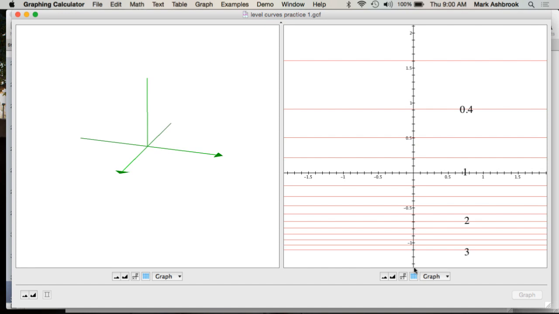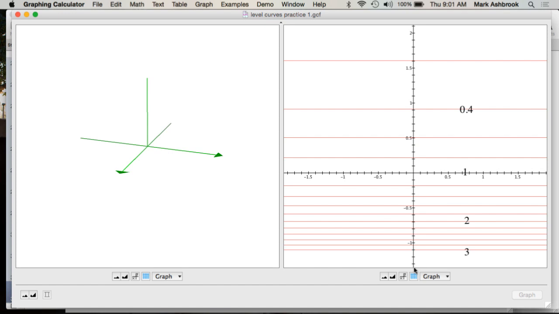If we have a two-variable real-valued function, those are the ones we'll do the most. How does that graph? It's going to graph in R3, right?